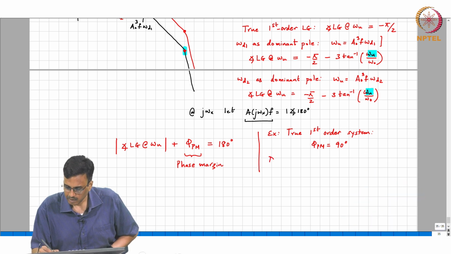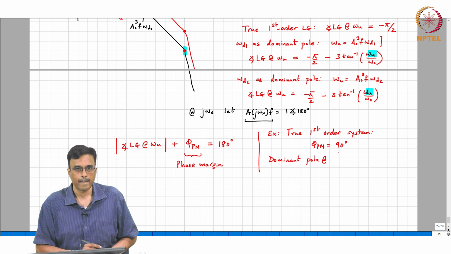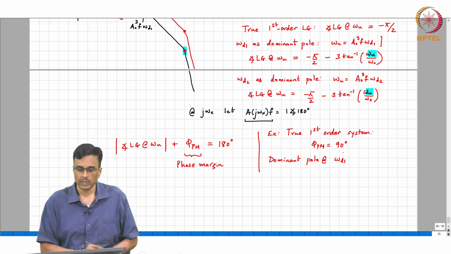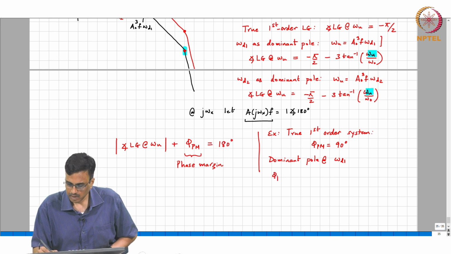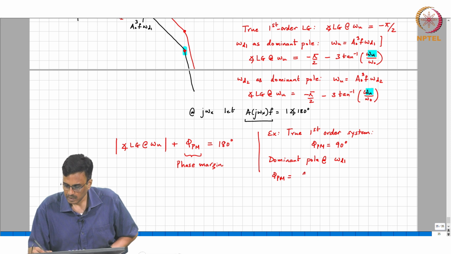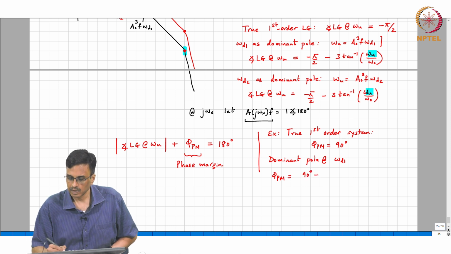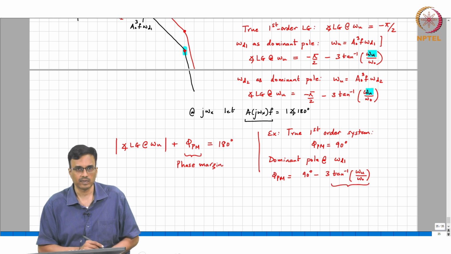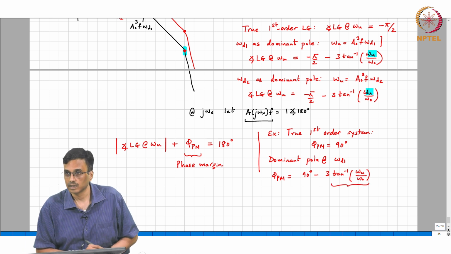Now, dominant pole at omega d1, what is the phase margin? Yeah, it is 90 degrees minus 3 tan inverse omega u over omega naught. Remember that this has to be expressed in degrees, right, because we have 90 degrees.